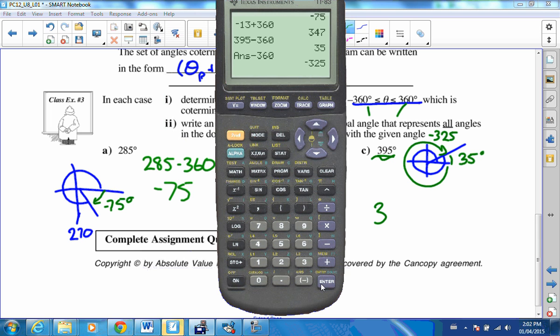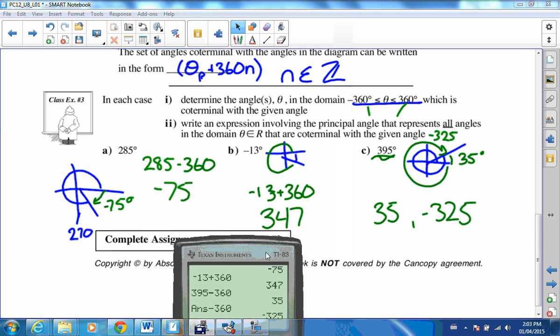So either positive 35 or negative 325. Those will both be my angles.